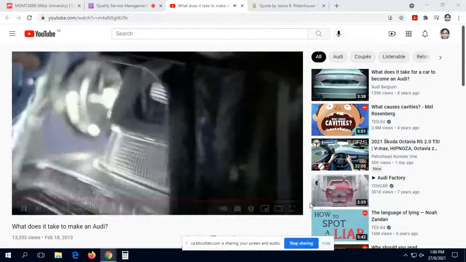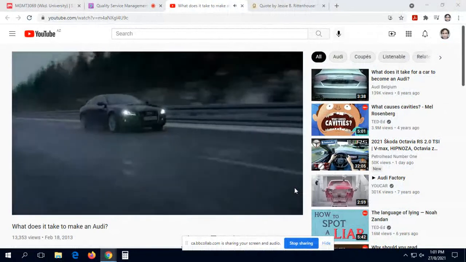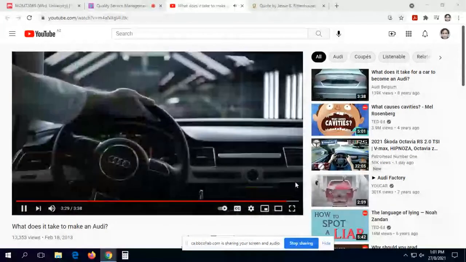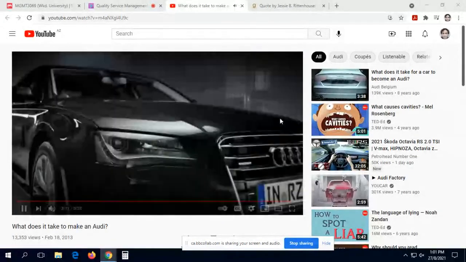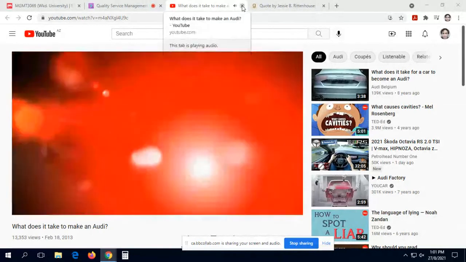But above all, it takes more than 100 years of experience and the unwavering determination to achieve perfection. That's the only way for a car to become an Audi.